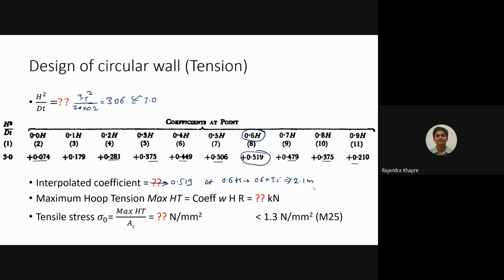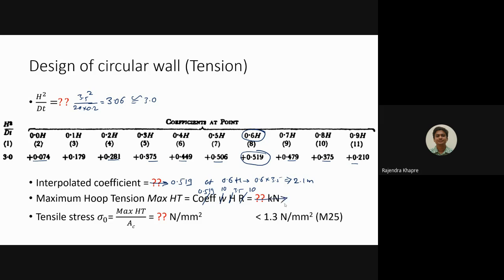So at 2.1 meter we are getting the maximum hoop tension, and the equation is coefficient into W into H into R. Your coefficient is 0.519, the density of water is 10, the height of the water is 3.5, and the radius: remember the diameter of this clariflocculator was 20, so the radius will be 10.